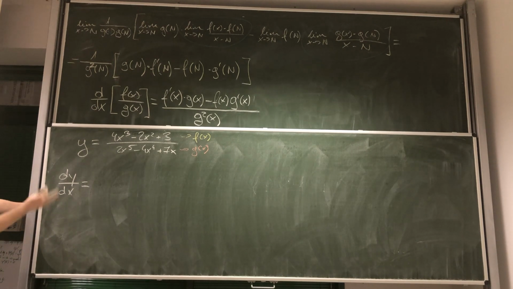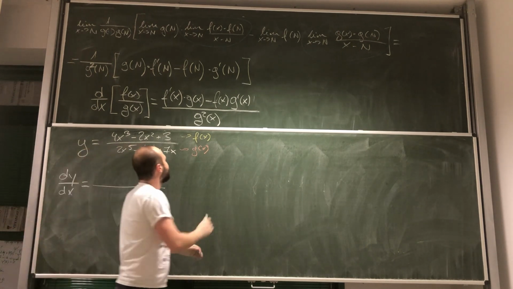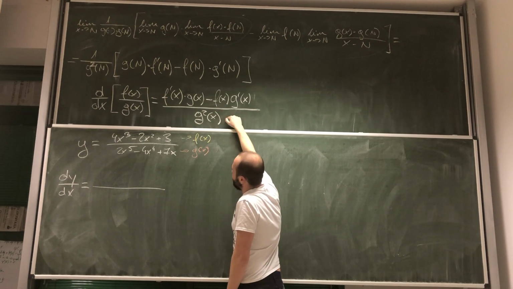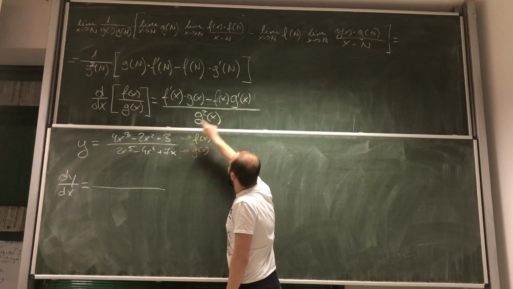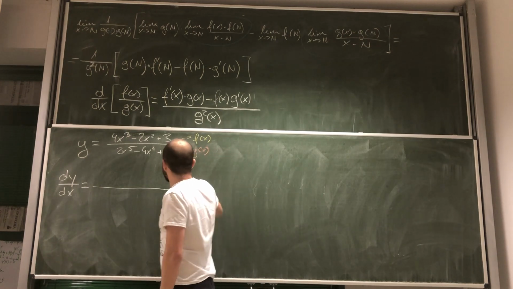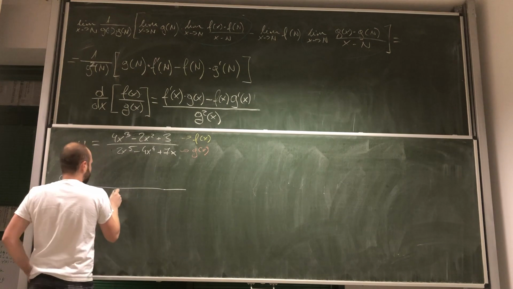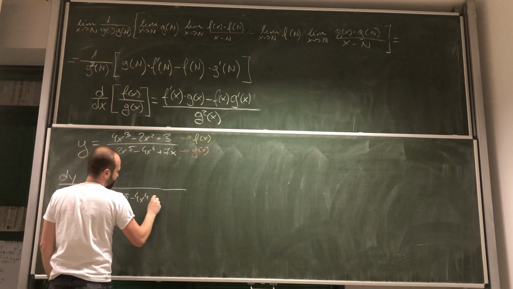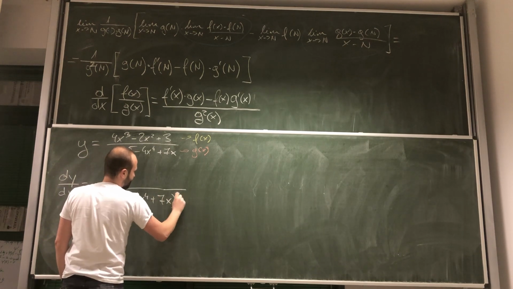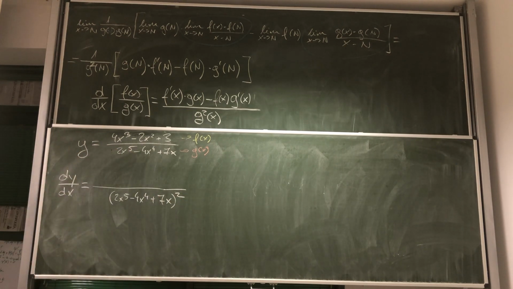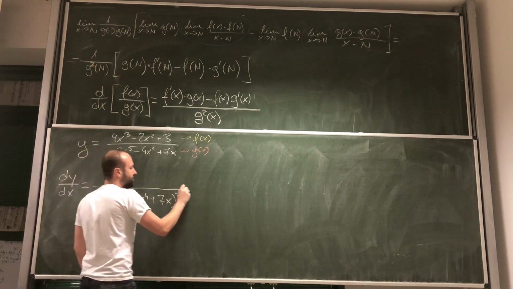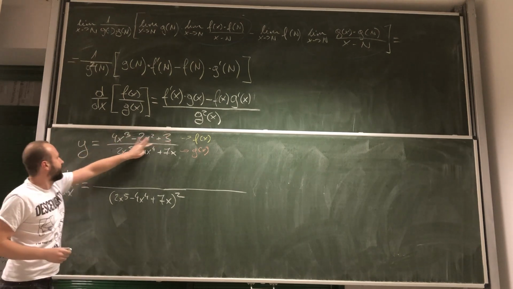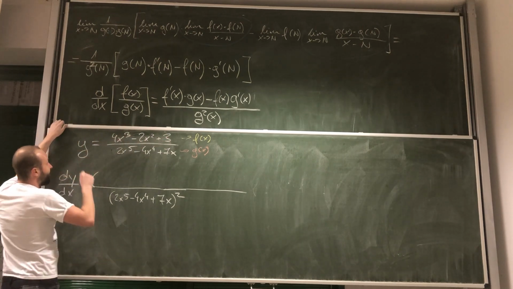So, when we want to calculate the derivative of this function, what do we need to do? Let's just follow the formula. First thing is that we need to take whatever is in the denominator and raise it to the power of 2. So we just take the denominator, leave it exactly the way it is, and raise it to the power of 2. Then we need to start the work upstairs. First, I'm calculating the derivative of the first function, the function at the top.